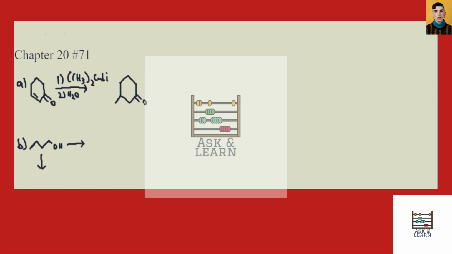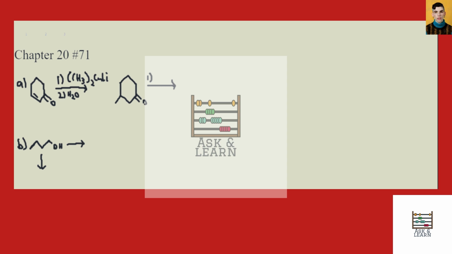The next thing that we're going to do is a series of steps to get rid of this oxygen here. So we have this ketone, and we need nothing there, basically. And so one thing that we could do to accomplish that would be, or no, sorry, we have a ketone there.